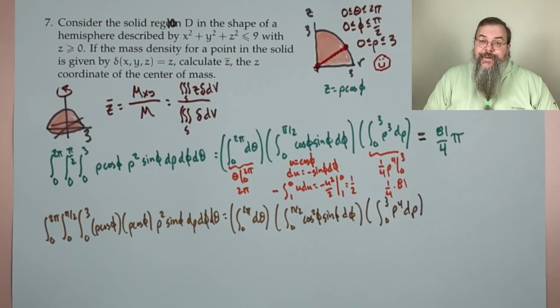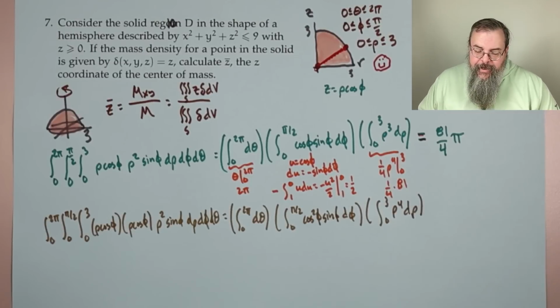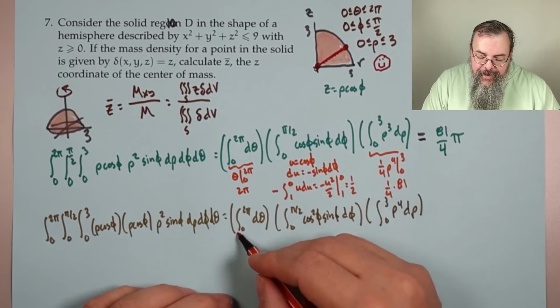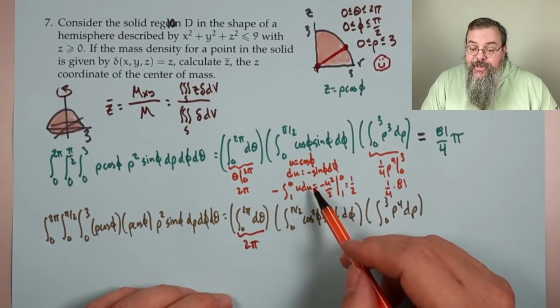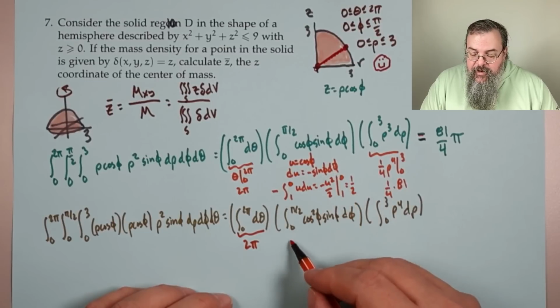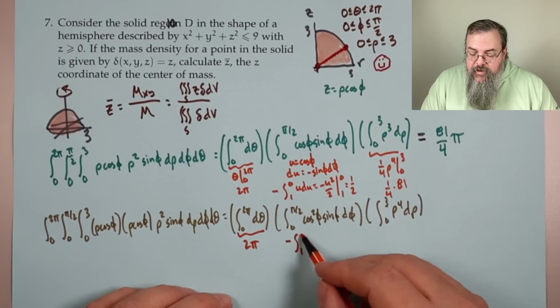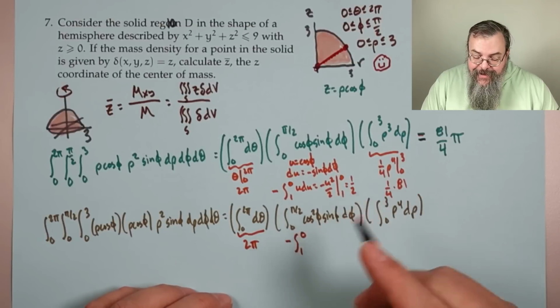Now, some of these are going to be very quick because they're the exact same. This is still 2 pi, no surprises. Here, same substitution. u equals cosine, du is minus sine. So this is going to become minus integral 1 to 0, but now u squared du.